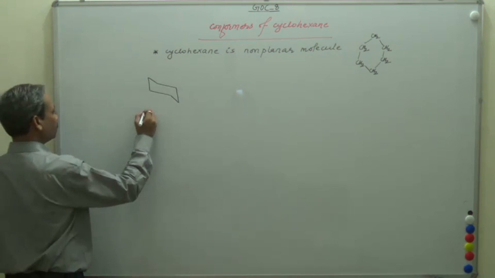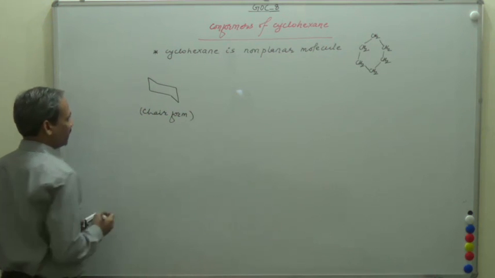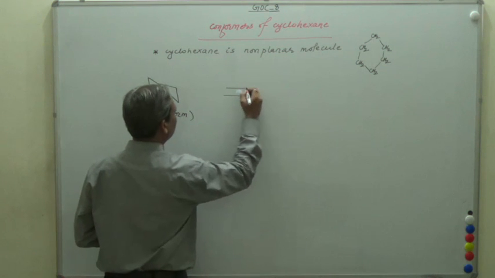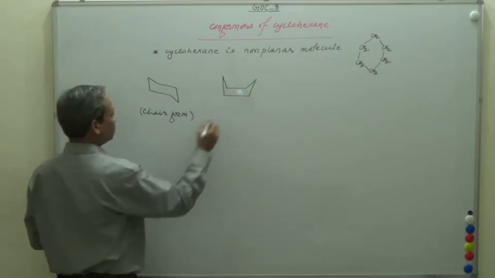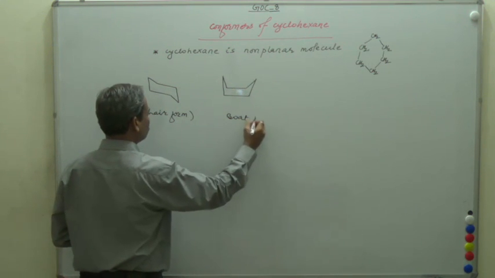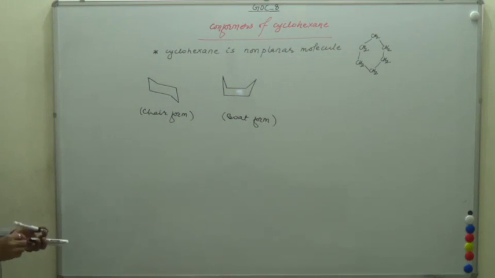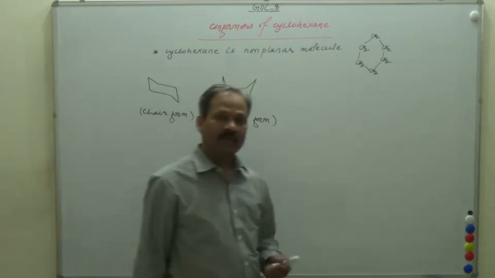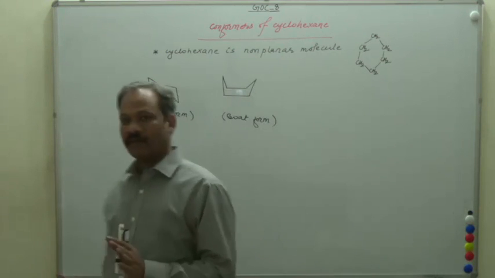So this is the chair form of cyclohexane, and this is the boat form of cyclohexane. Now, in chair form and boat form, all the carbon-carbon-carbon bond angles are very close to 109.5 degrees. And actually these are 111 degree bond angles.